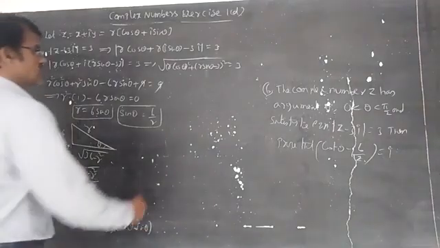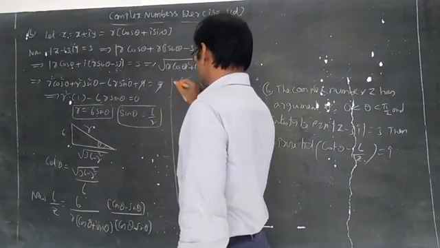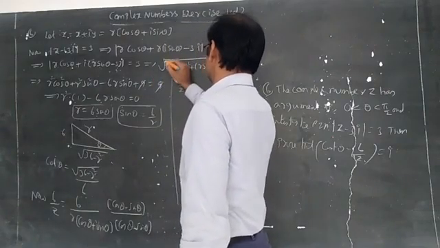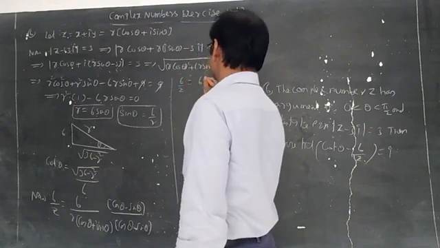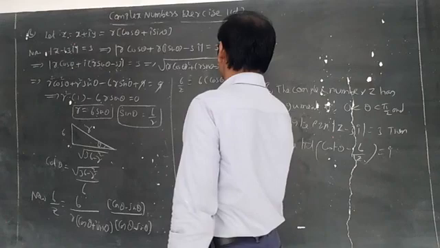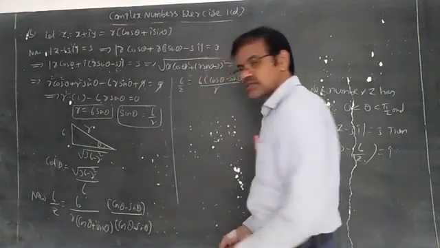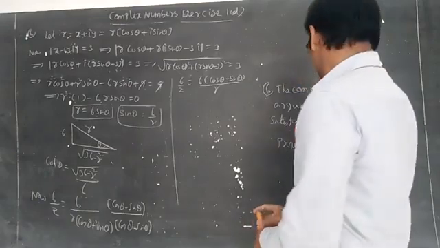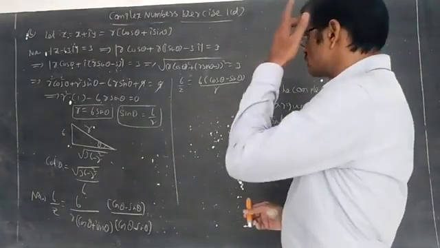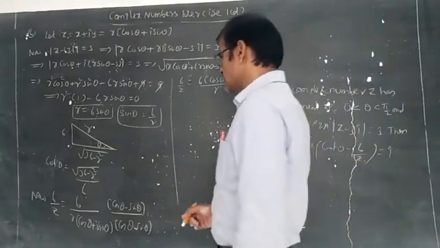So 6 by z is equal to 6 into cos theta minus i sin theta, whole by r. Now we need to calculate cot theta minus 6 by z is equal to i.